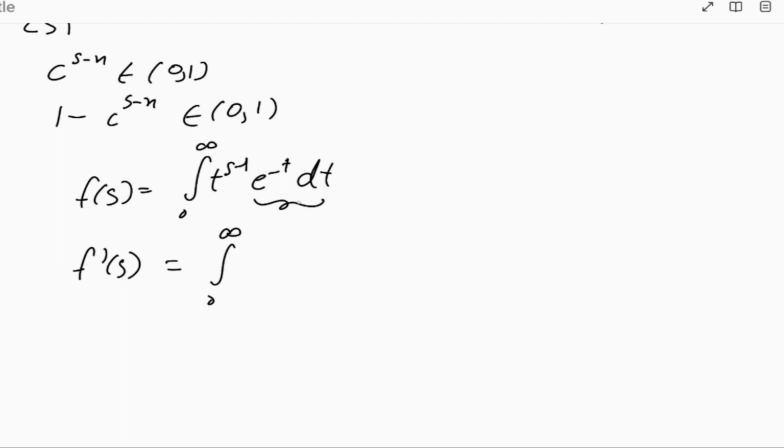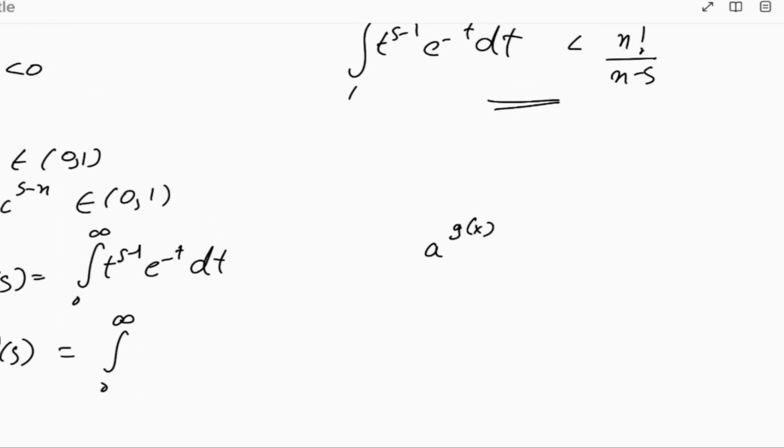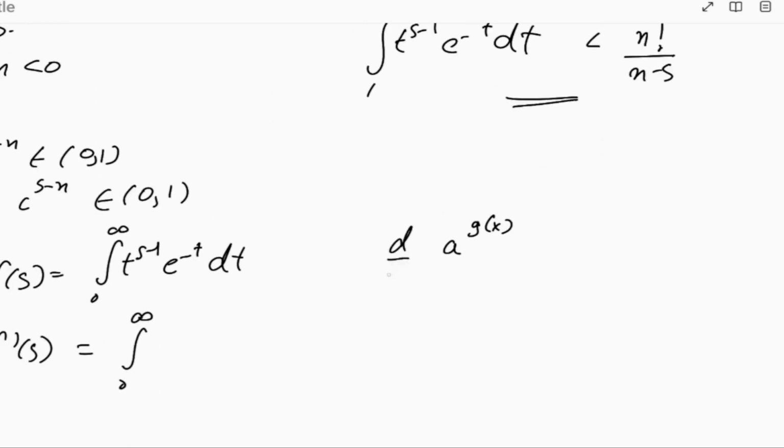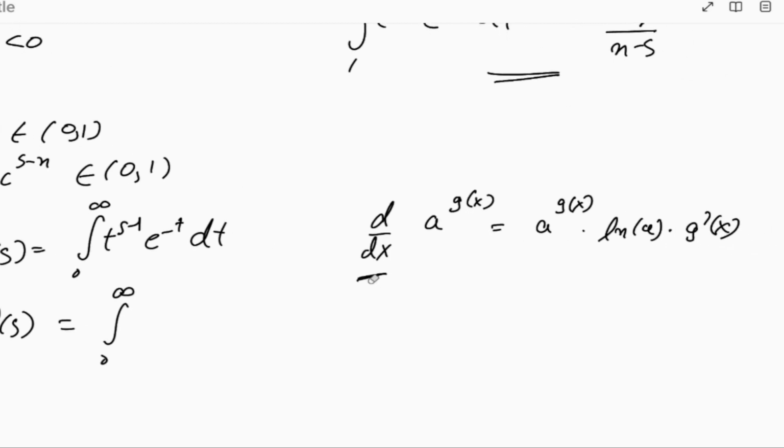There's no s here, so this is a constant when I'm differentiating, so I'll only need to differentiate this term, and that term is of the form some constant raised to some function in x, and I'm differentiating this with respect to x. So by simple chain rule, it's this itself times ln a times the derivative of that function. That's a simple result from power rule, so I'll use that.